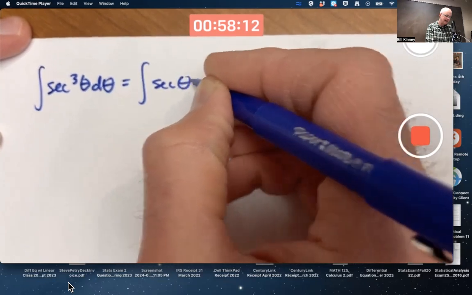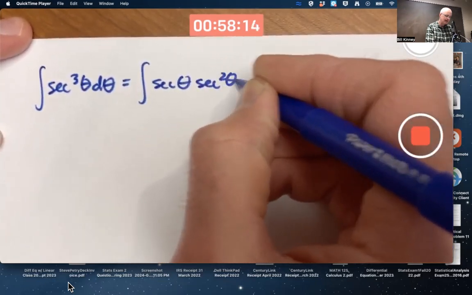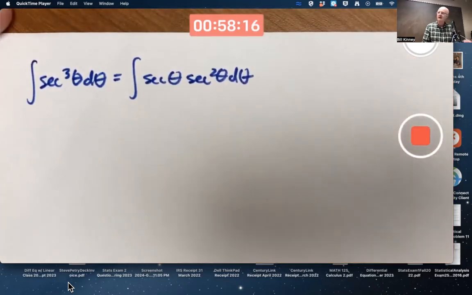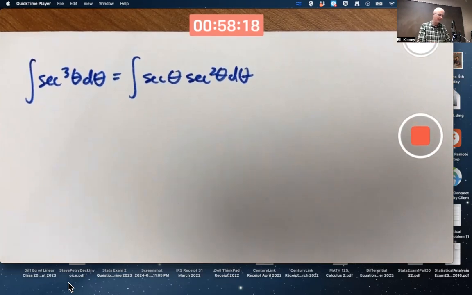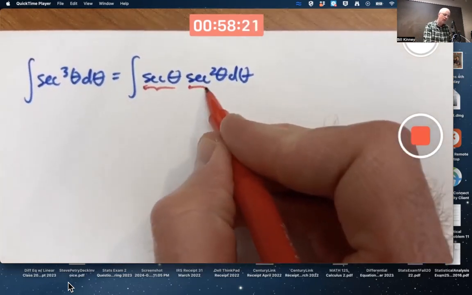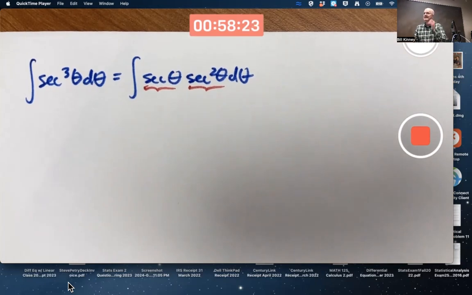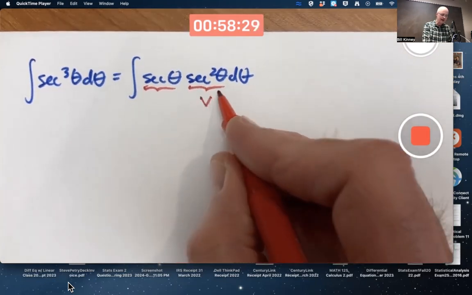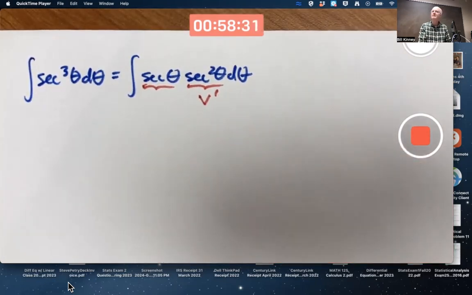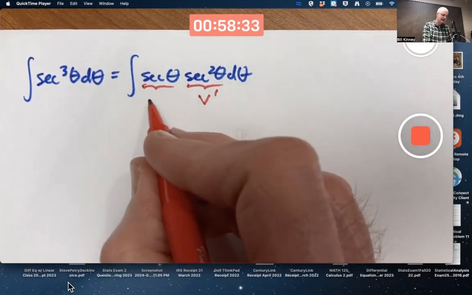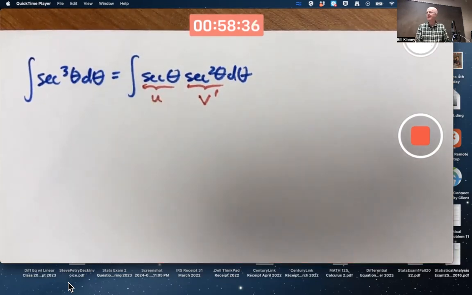Right? This is secant theta times secant squared theta as the product of two things, one of which is easy to integrate. Integration by parts. Secant squared is easy to integrate, let that be v prime. Secant itself is not so easy to integrate, let that be the other thing, u.